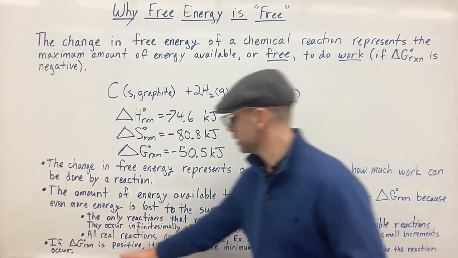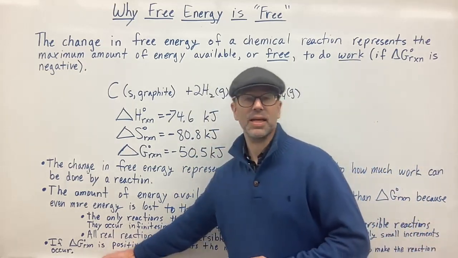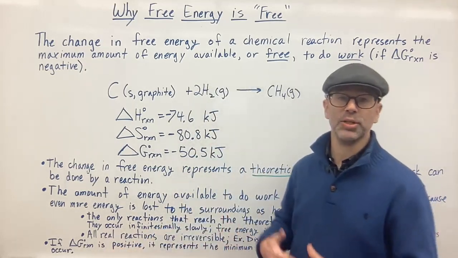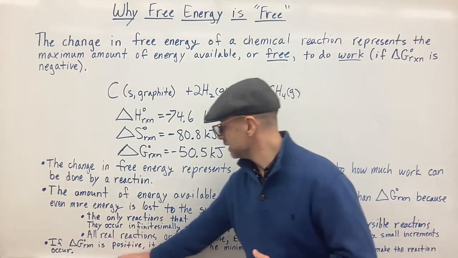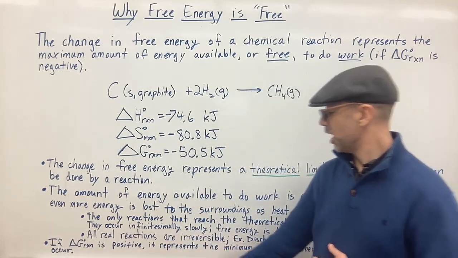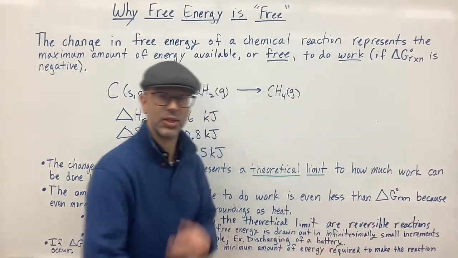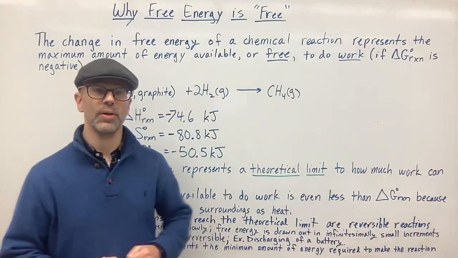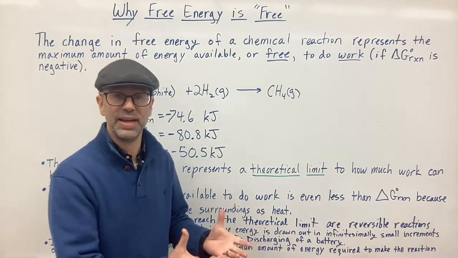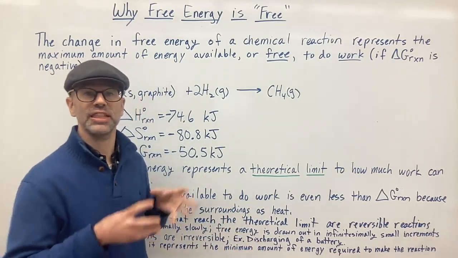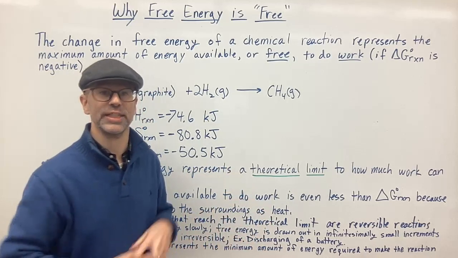If it's positive, instead of a limit to how much work can be done, it's the minimum amount of energy that's required to make the reaction go, right? So instead of the amount of energy you get out of it, how much energy do you need to put into the reaction to get it to go?